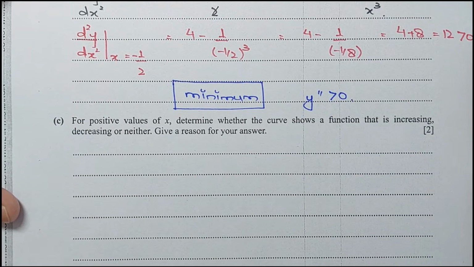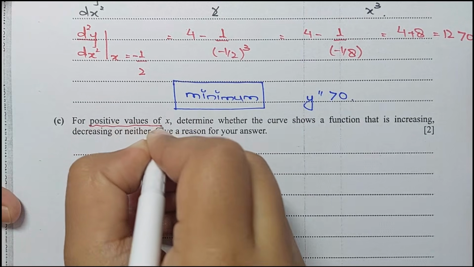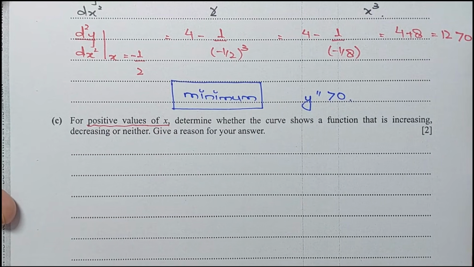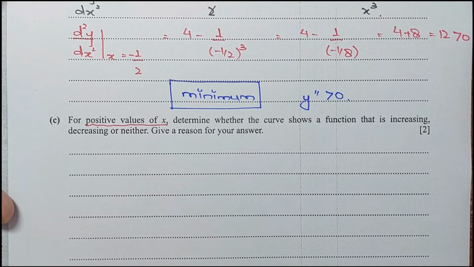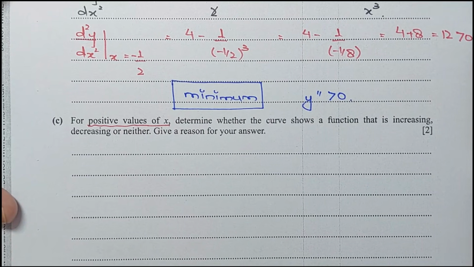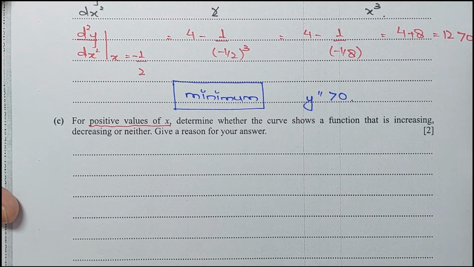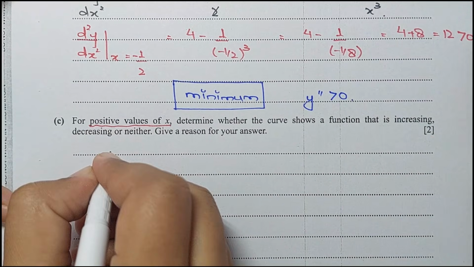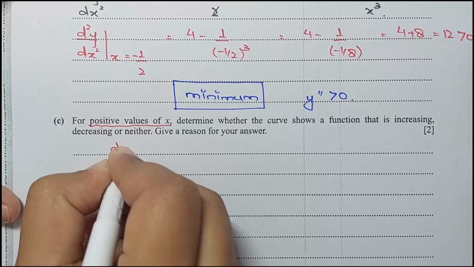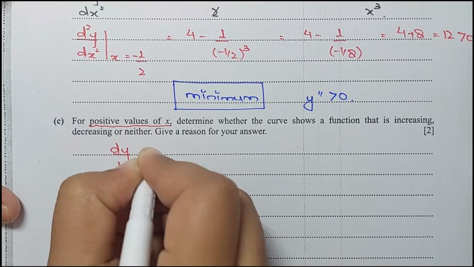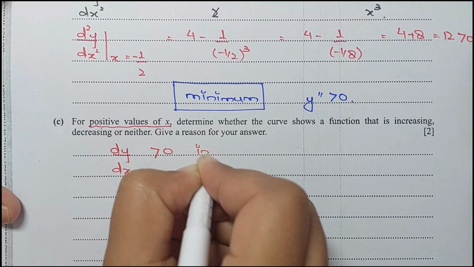Now for part C, for positive values of x, keep in mind, only for the positive values of x, determine whether the curve shows a function that is increasing, decreasing, or neither. Give a reason for your answer. When dy/dx is greater than 0, the function is increasing.